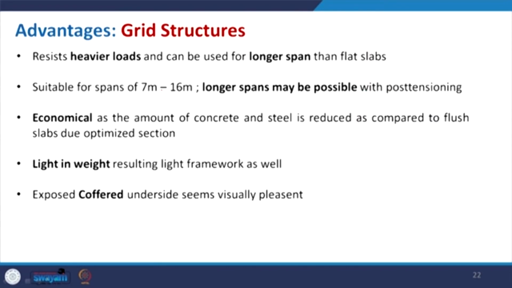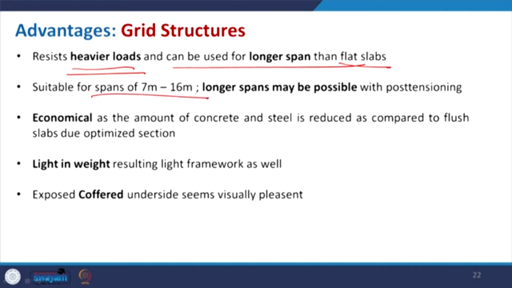Now, coming to the advantages: it resists heavier load and can be used for longer span compared to the flat slab. For long span solutions, there are many, we can go for an arch, we can go for a dome or shell structure, but compared to the flat slab, if we go for the grid slab or grid structure, that can be used for the longer span.